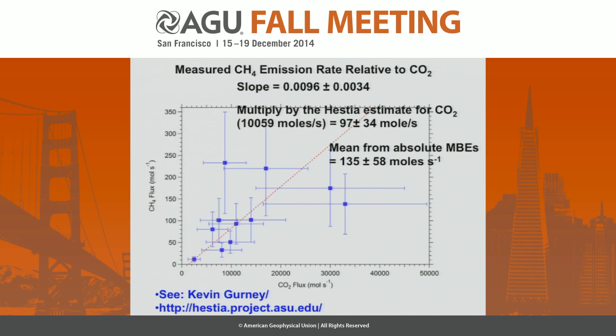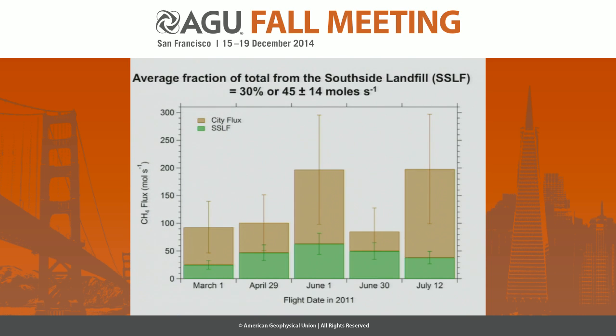So just to remind you, the total from the absolute direct mass balance method is 135. So we think that the total is reasonably characterized with an uncertainty of something like 35%, about a third of the total, at about 120 moles per second without seasonal detail.